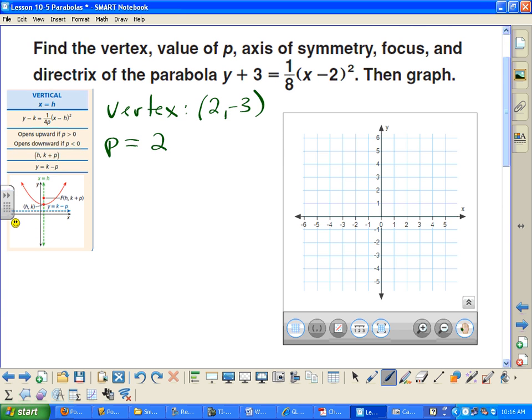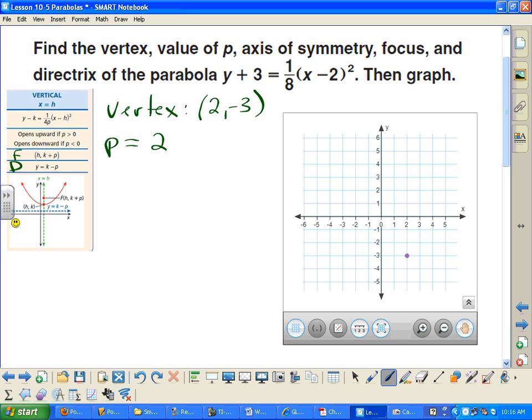2, -3, all right? And the value of p is 2. So since it opens up, to get the focus, here's the focus, and this is the directrix here.